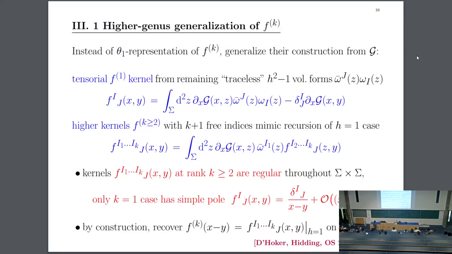Okay, so this is a recursion to generate an infinite tower of such tensorial integration kernels. By construction, if you specialize to genus 1, you are back to Kronecker-Eisenstein, but you can apply this freely to arbitrary genus, even if you're at genus 4 and higher, where the Schottky problem makes certain other moves inconvenient.